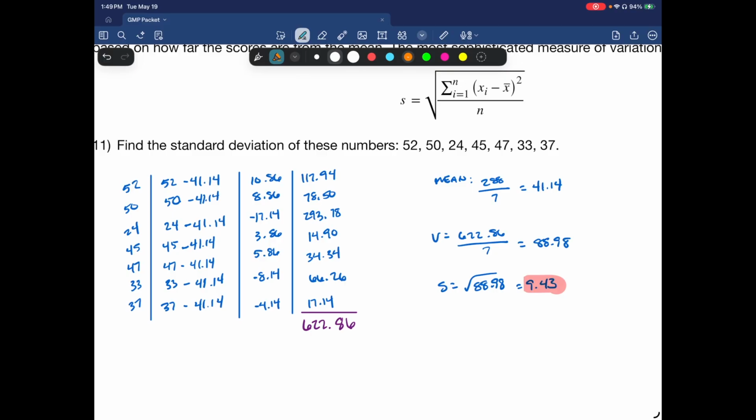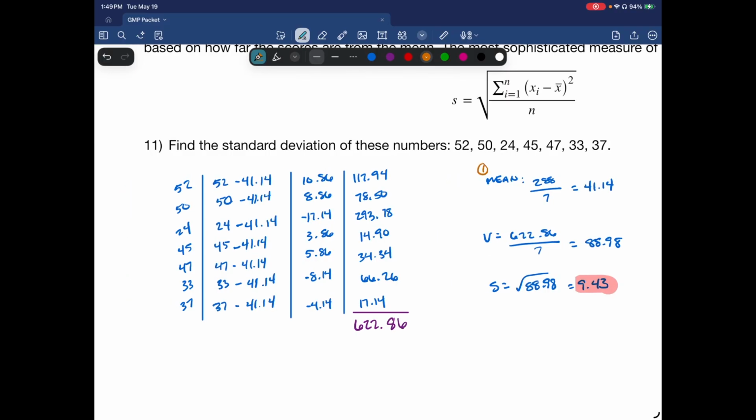Now, it seems difficult. First thing you're going to do is take the mean. Second, you take the value minus the mean and get your answer. Third, you take your answer and square it. Fourth, you take all your squares and add them up.